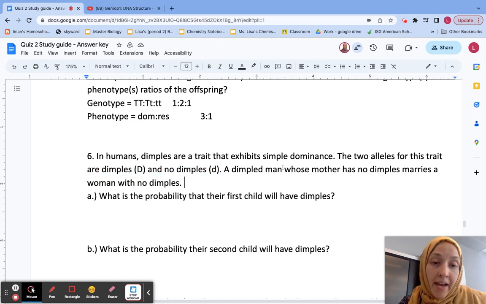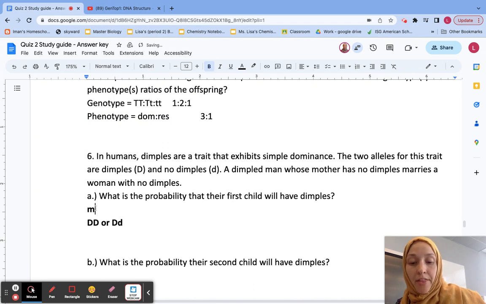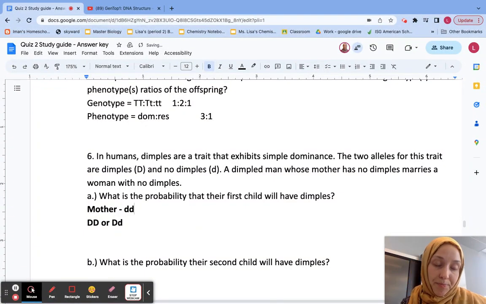A dimpled man whose mother has no dimples. What is his genotype? He can either be homozygous dominant or heterozygous. If his mother had no dimples, that must mean his mother was small d, small d.